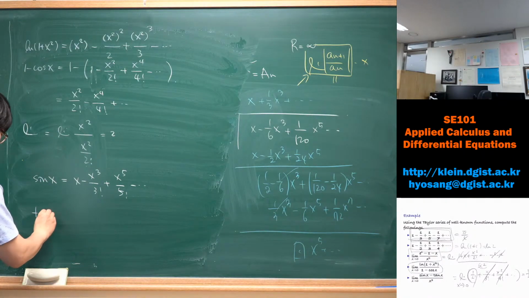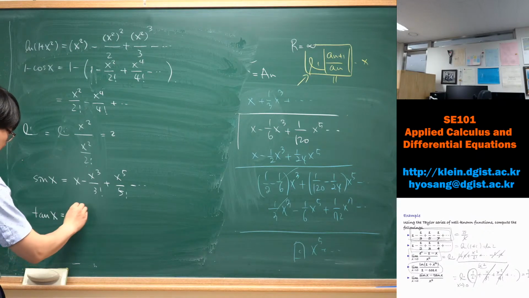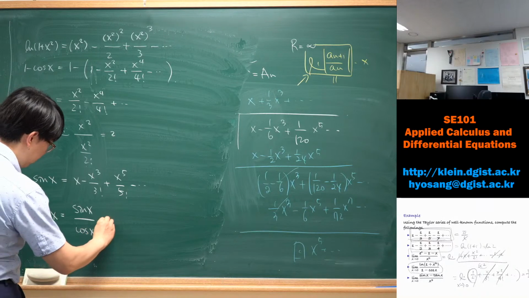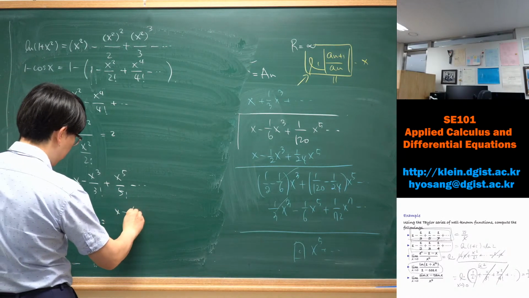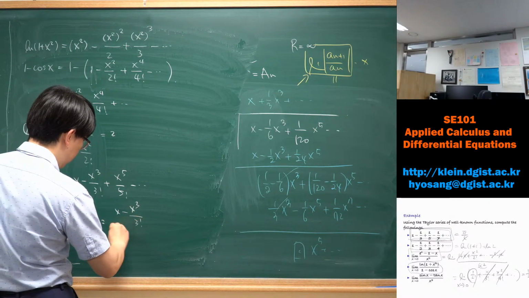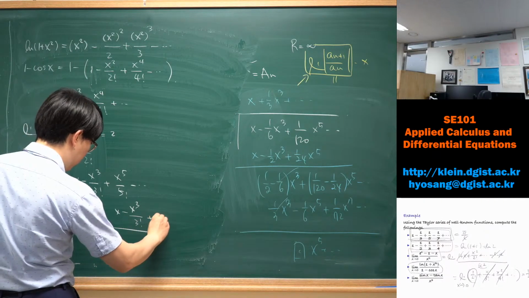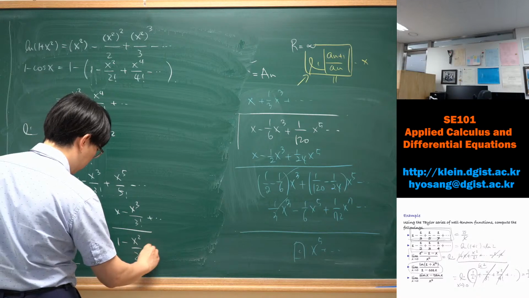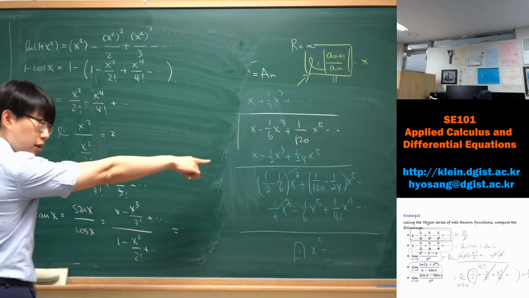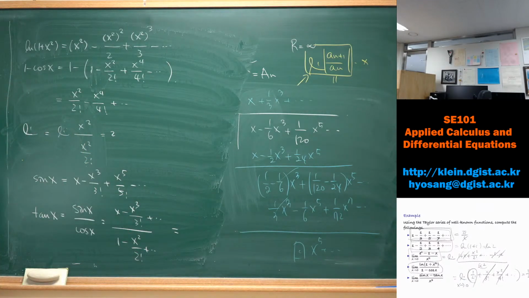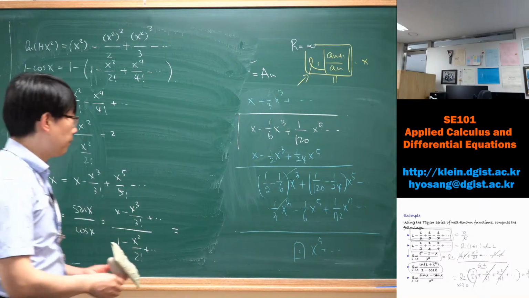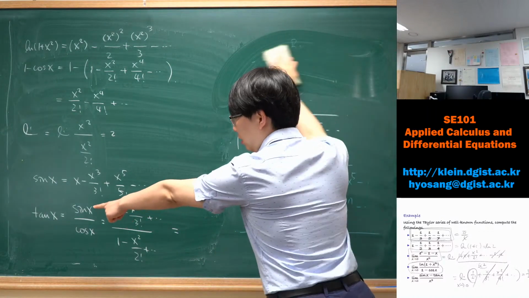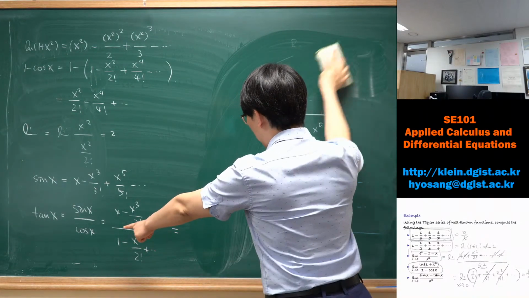How do we take the Taylor series of tangent x? Since tangent x is sine x over cosine x, and sine x is x minus x cubed over 3 factorial and so on, and cosine x is 1 minus x squared over 2 factorial and so on, we can do the division of power series, as we did in the previous example, to find the power series of tangent x.